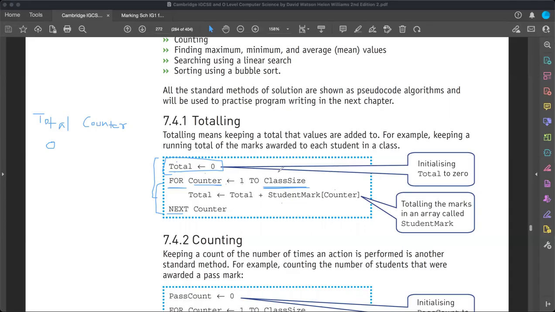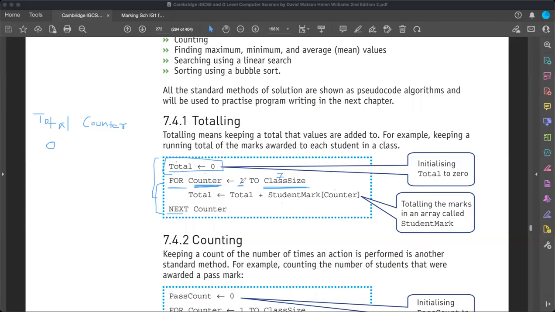So I'm writing 7 here. What is the class size value? 7. It means how many students are in the class? 7 students. So how many times will our counter iterate? 7 times. Why 7 times?